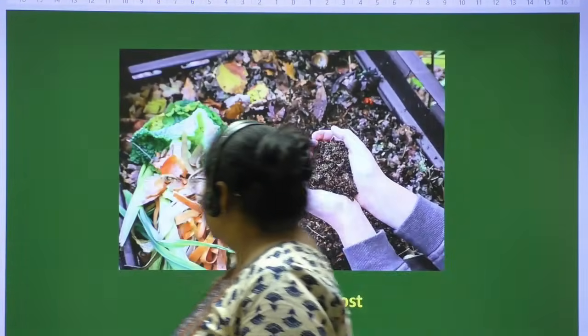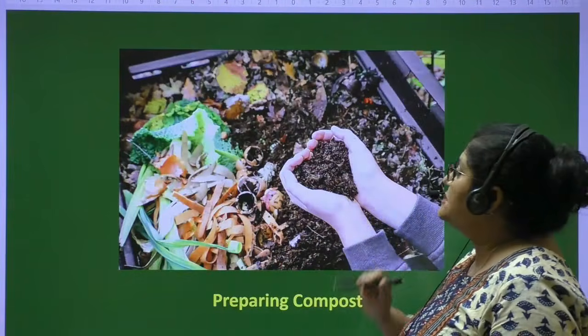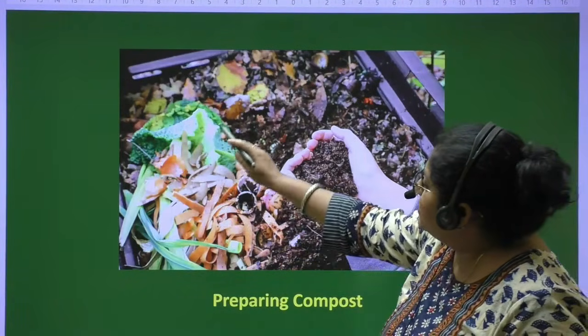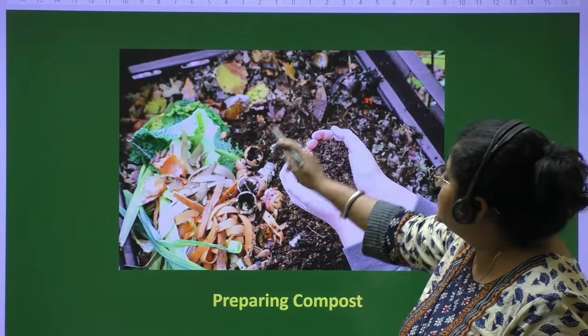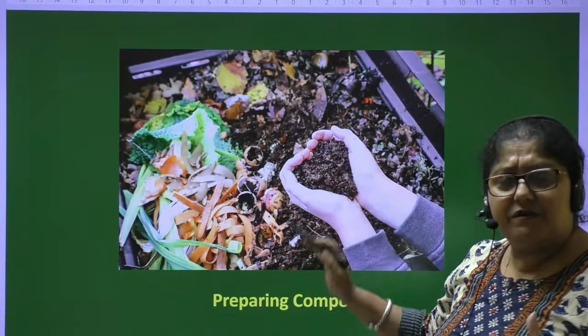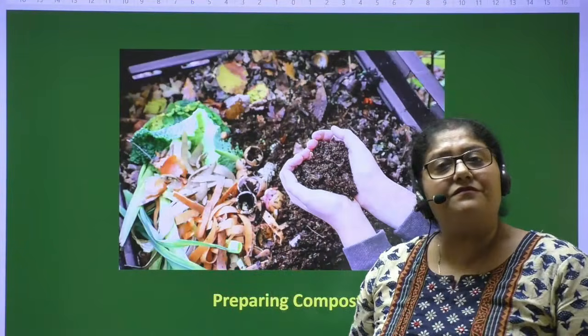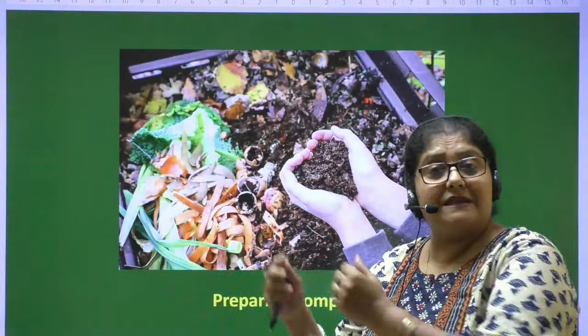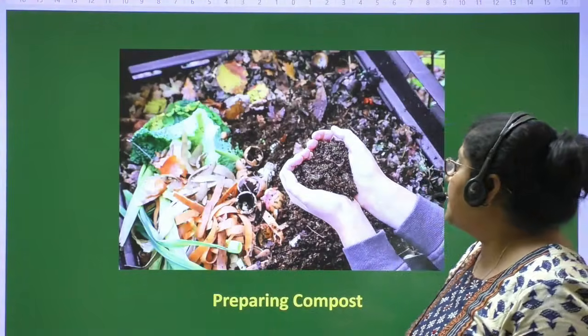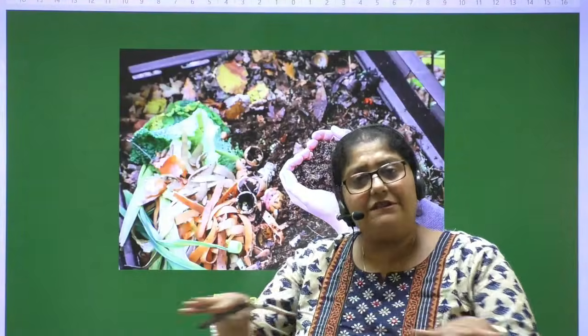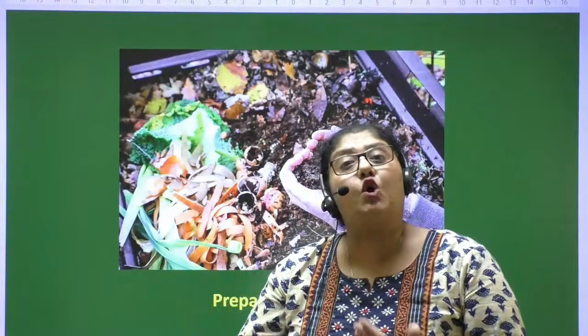What else? See, this person is preparing a compost. How is the compost being made? You can see all these vegetable peels, tea leaves, all this biodegradable waste that comes out either from the house of the farmer or from his agricultural field. He can simply put all of it into a pit, cover the top and let it rot.